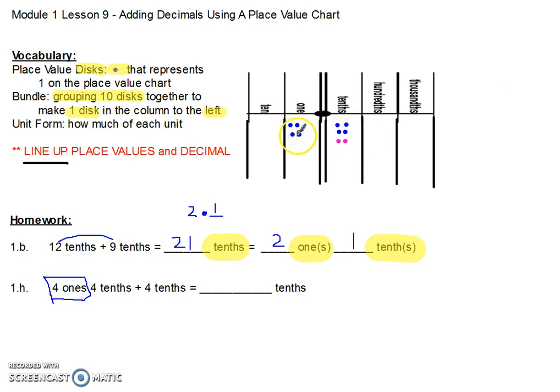So this one is going to come over and be 10 discs in the tenths place. 1, 2, 3, 4, 5, 2, 3, 4, 5. And I'm going to do that for each of the other ones. So now that I've unbundled all 4 of them, I'm going to count up how many tenths I have.